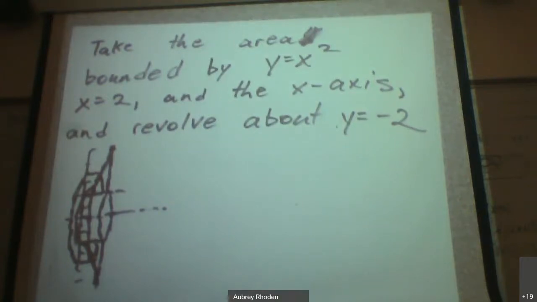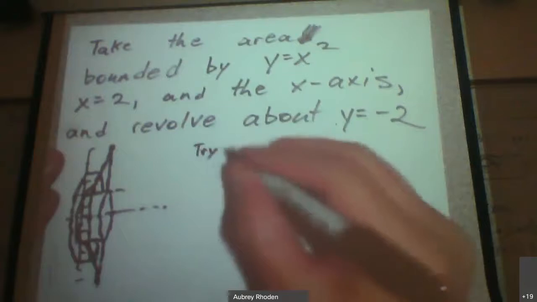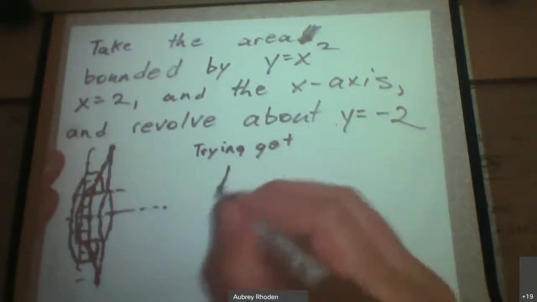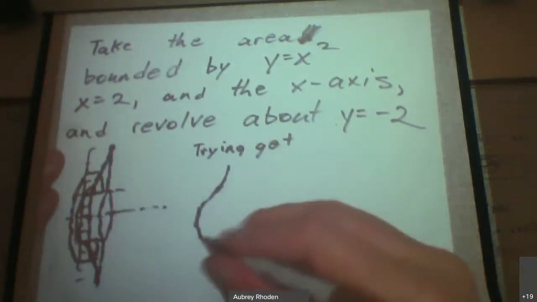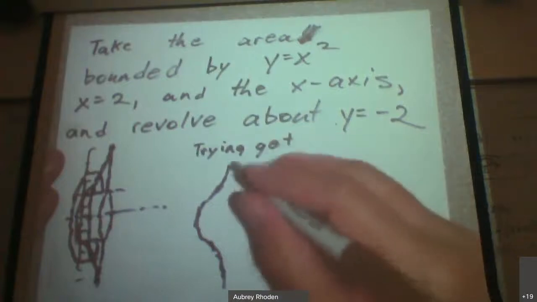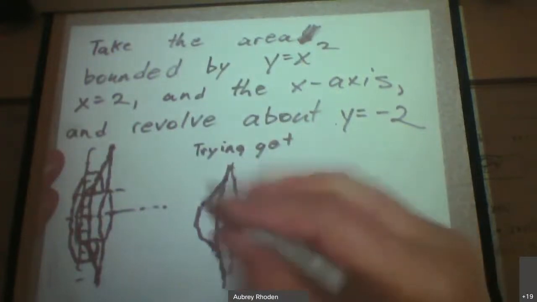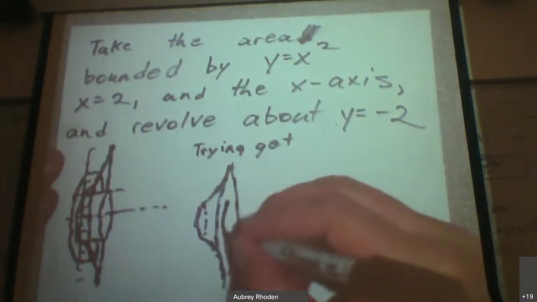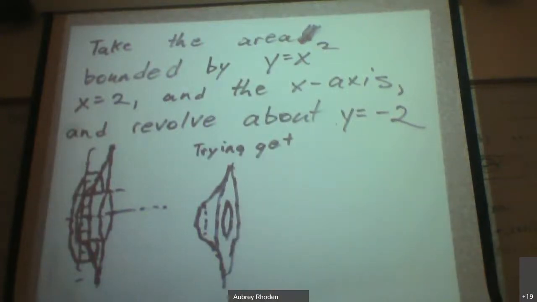That's going to give me some type of weird shape. What am I trying to get out of this? This is what we're trying to get, this type of shape right here.